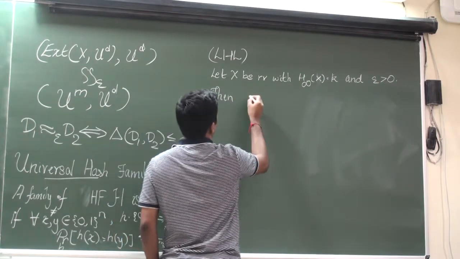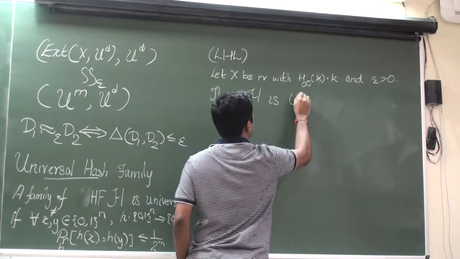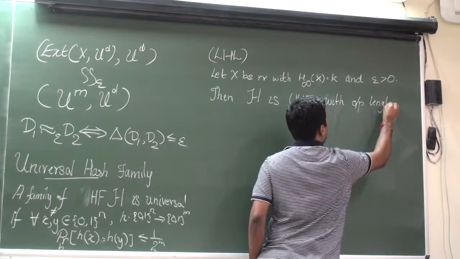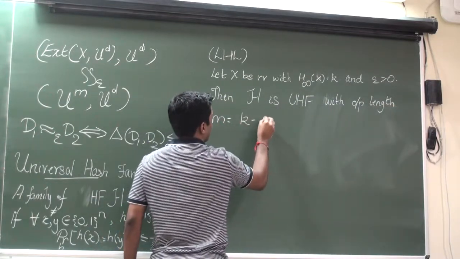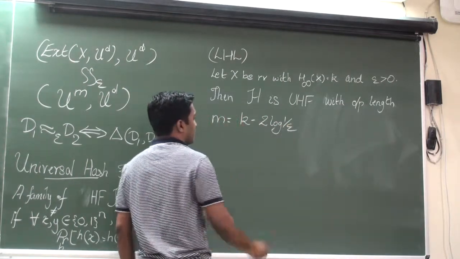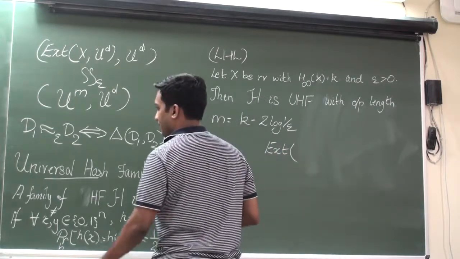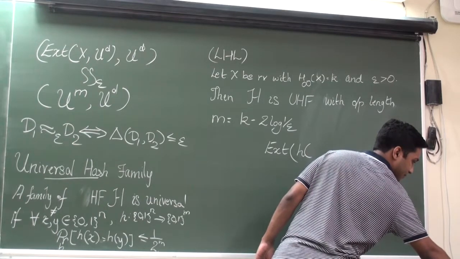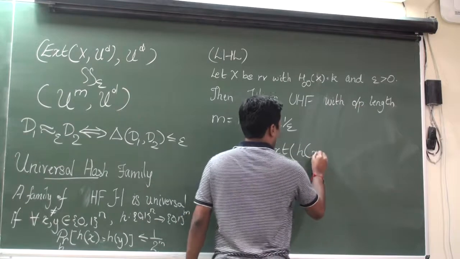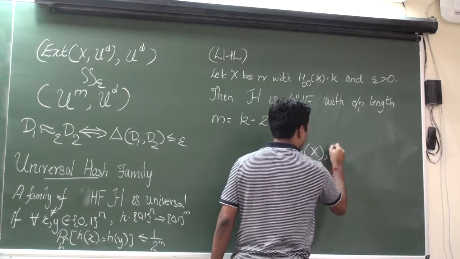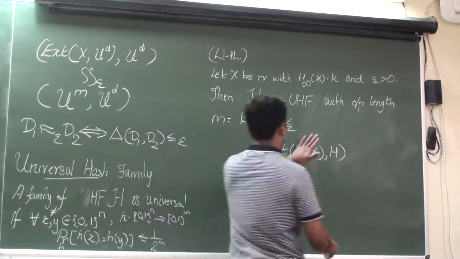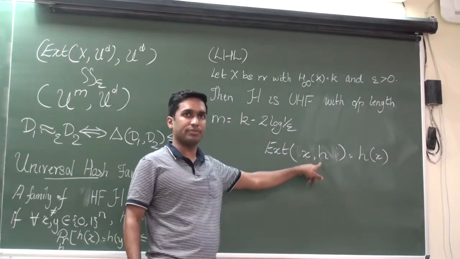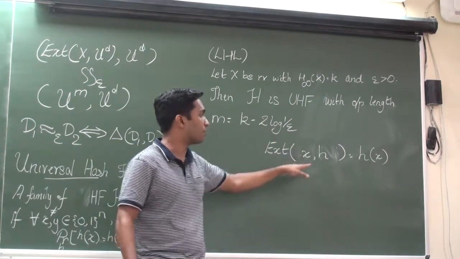Then if H is a universal hash family with output length m, which has this value, then the extractor which I define will take as input a hash function from the family and an input for that, and just output the hash value.